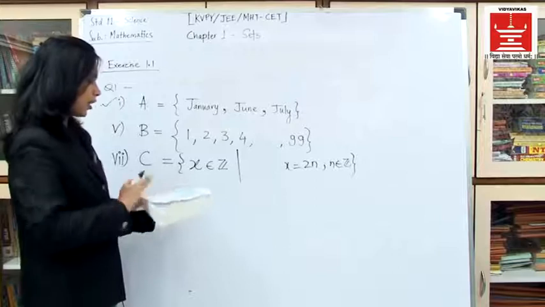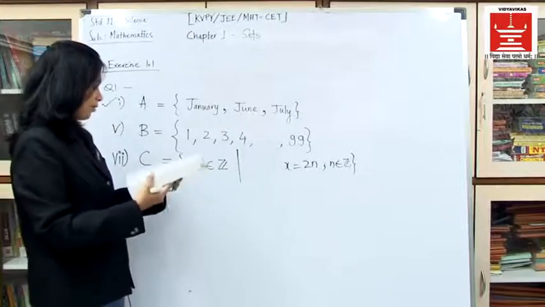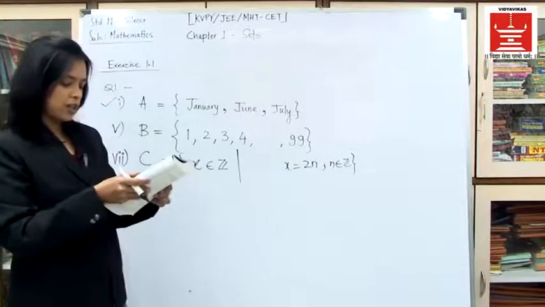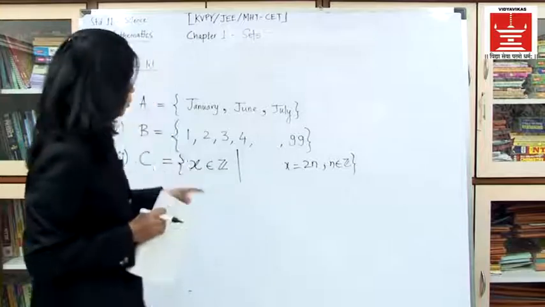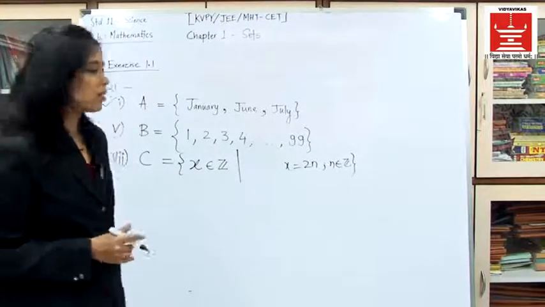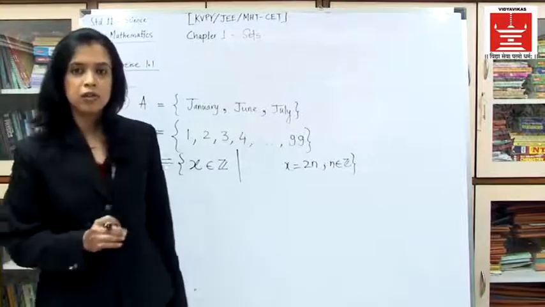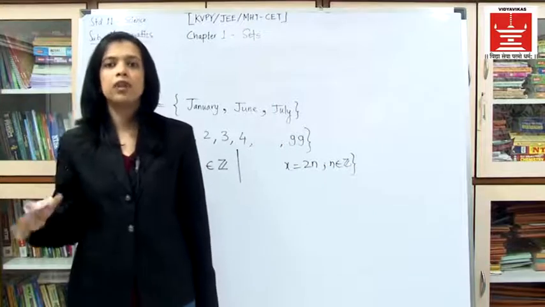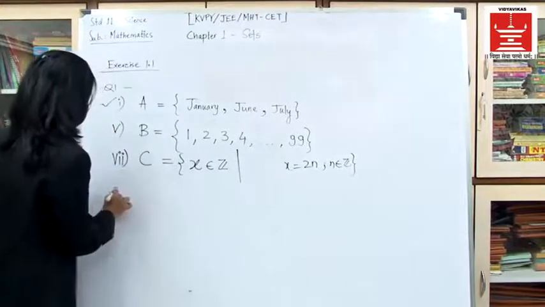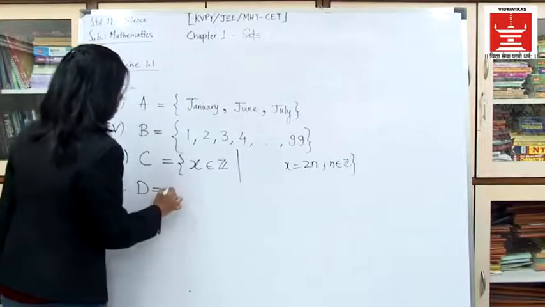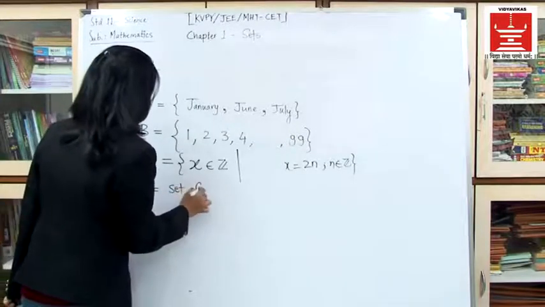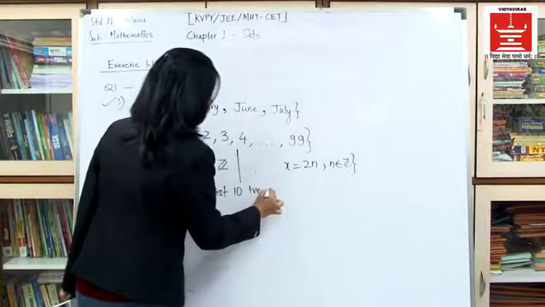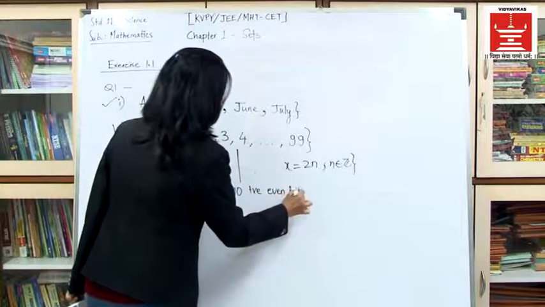Here it says first 11? No, there is no such condition. It is just the collection of all even integers. So, yes, this is the collection of all even integers. If you want a certain number of even integers, so let's say the first 10 positive even integers, D should be the set of first 10 positive even integers.